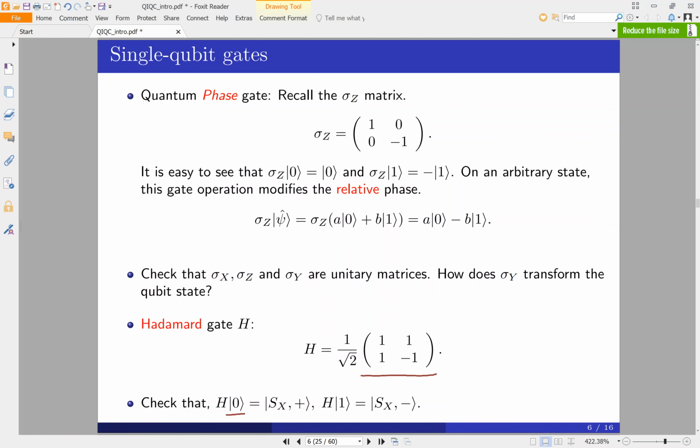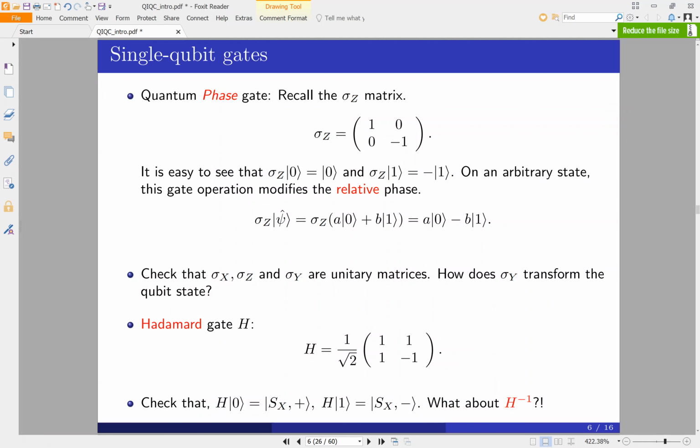So H acting on ket 0 gives you S_x plus, which is the plus eigenstate of the sigma x operator. H acting on ket 1, which is the minus half eigenstate of sigma z, takes you to the minus half eigenstate of the sigma x operator. So this is a basis transformation unitary. It's a very useful quantum gate.